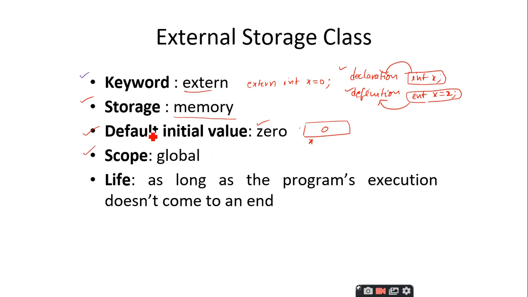Now the scope of these external variables is global. We know the meaning of global. You can access these variables from the point of declaration throughout the program. That means you can access them throughout all the functions.